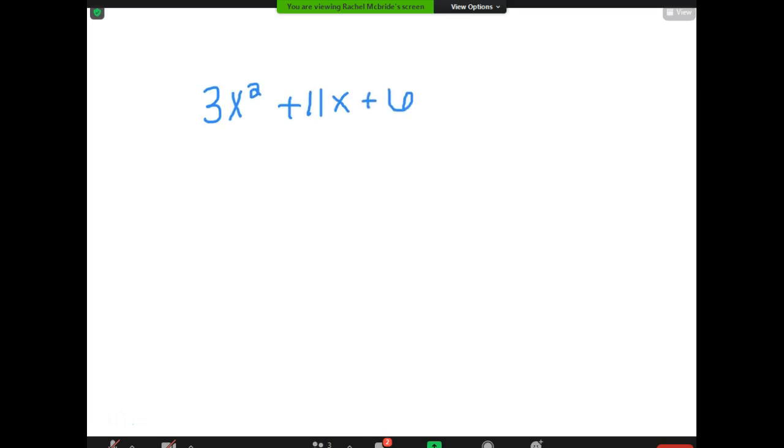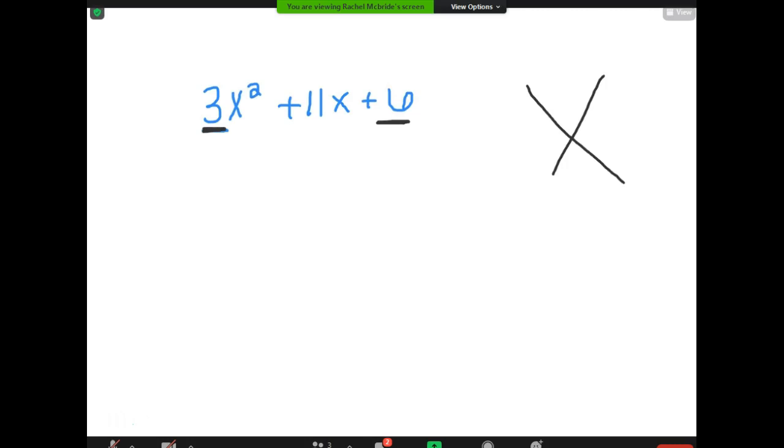Okay. So in this example, what's new from where we were is that the A value is now a number other than 1. So prior to break, we only looked at x squareds where the number in front was a 1. So now when we set up our magic X, we have to take the first number and the last number and multiply them together.